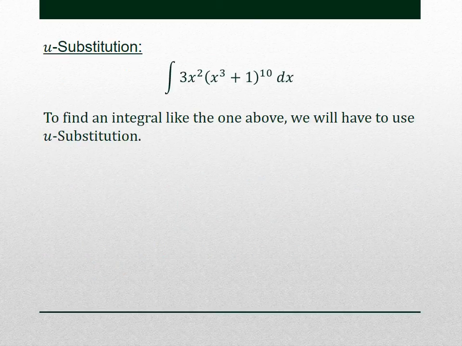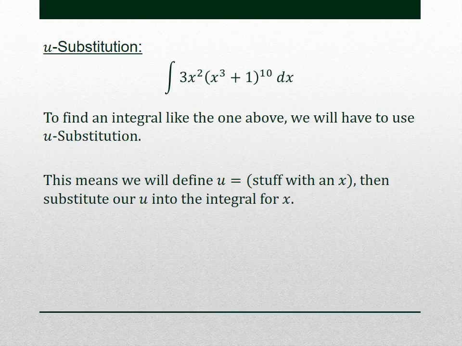Okay, so for something like this, we're going to use U substitution. So what does that even mean, right? What that means is we're going to define a new variable U to just be something that's got x in it, right? So U is a function of x, where we're going to write U equals and then a bunch of stuff with x in it.